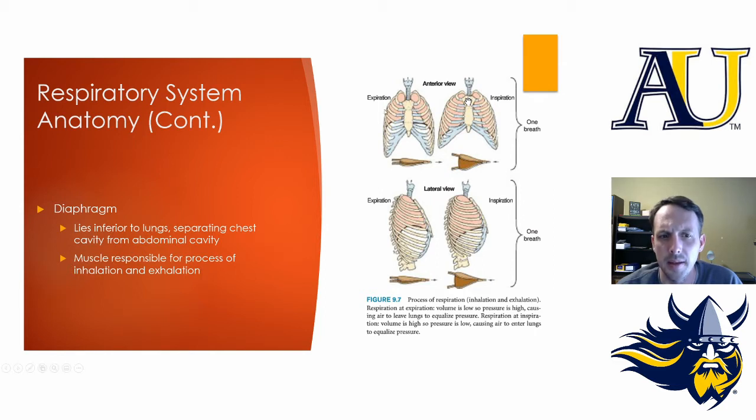And so when the muscle contracts, it flattens out and increases the air volume in the lungs by increasing the air space and decreasing the abdominal space. That's why you can see your belly push out when you breathe in deeply.